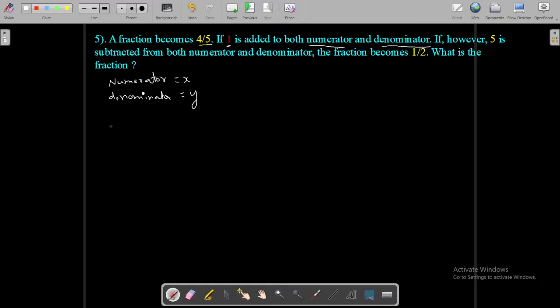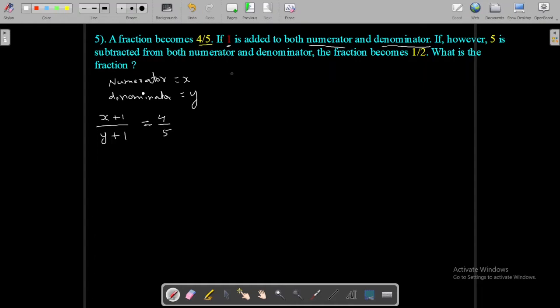According to the problem, I am adding 1 to both numerator and denominator, so I am adding x plus 1 and y plus 1. So it is becoming 4 by 5. The fraction becomes 4 by 5.